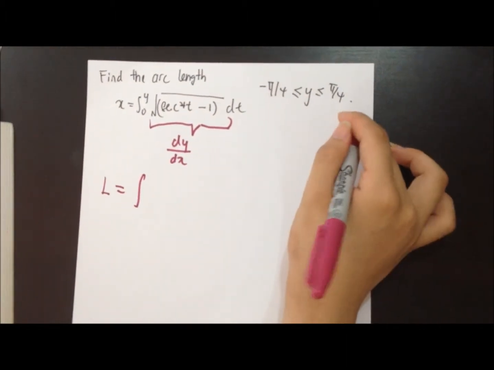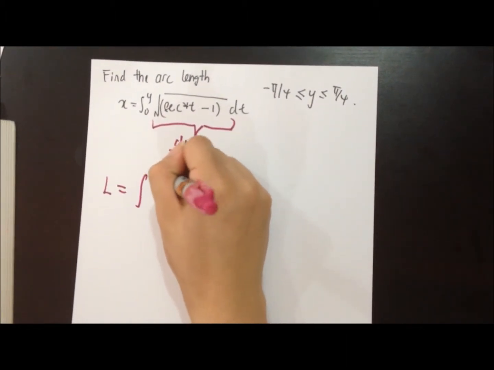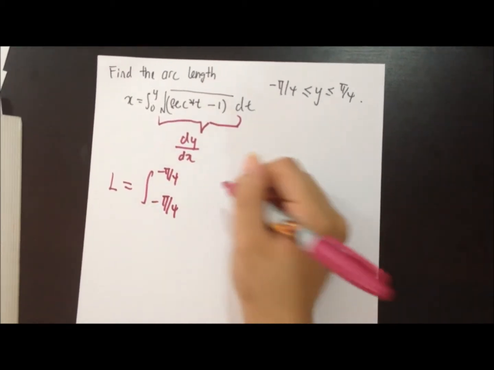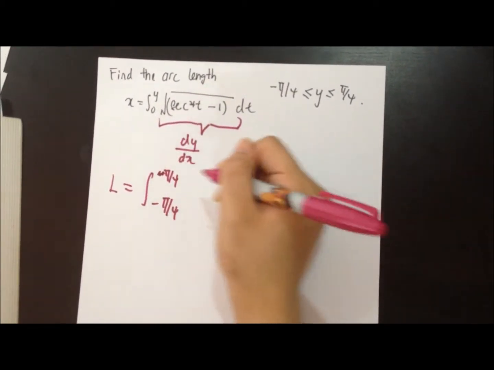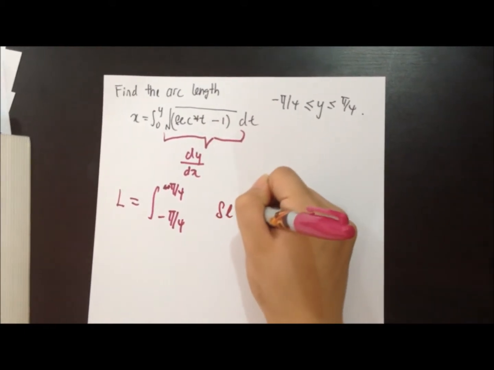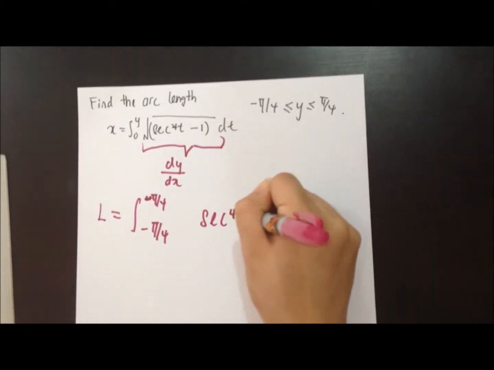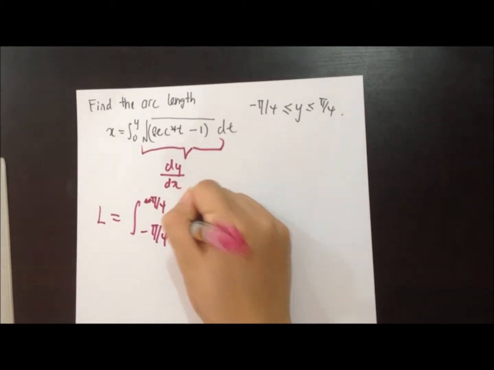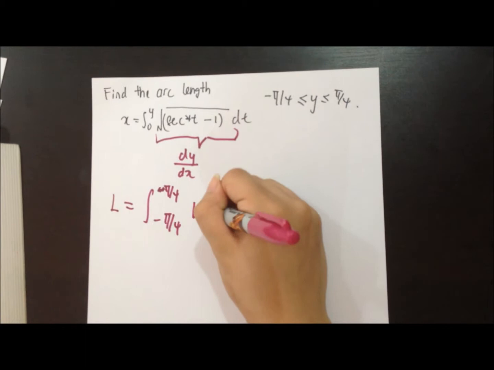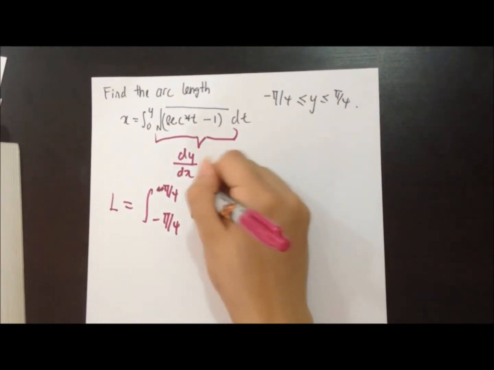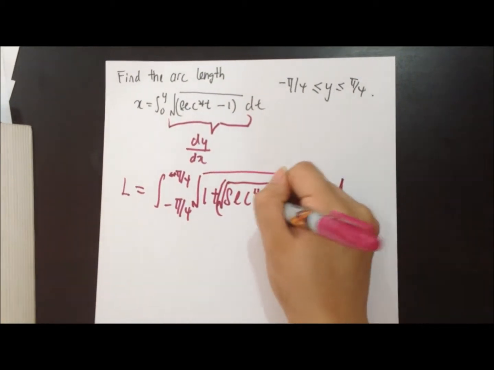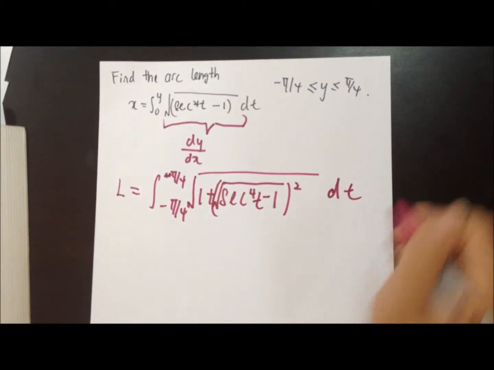So the range is between minus pi over 4 to pi over 4. Okay. So secant to the power of 4 minus 1, plus square root, square, over dt.